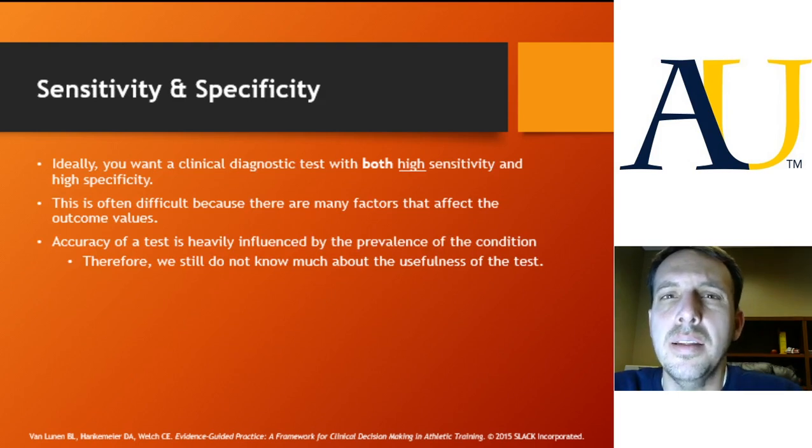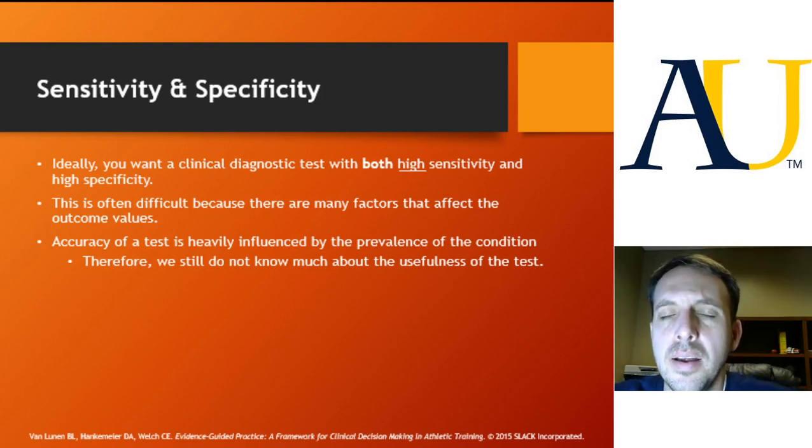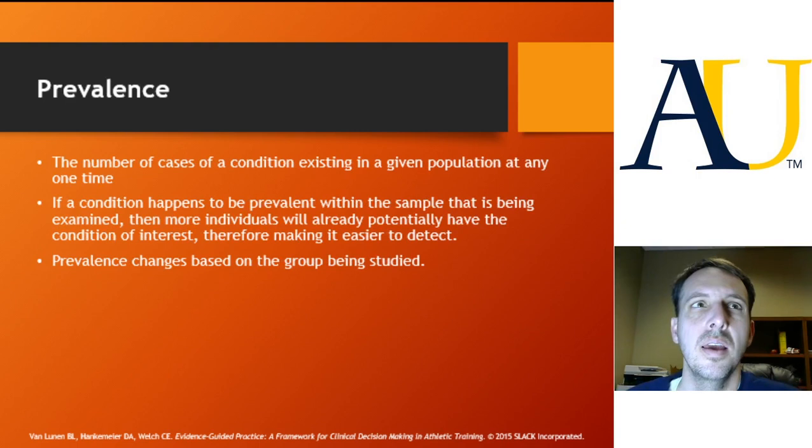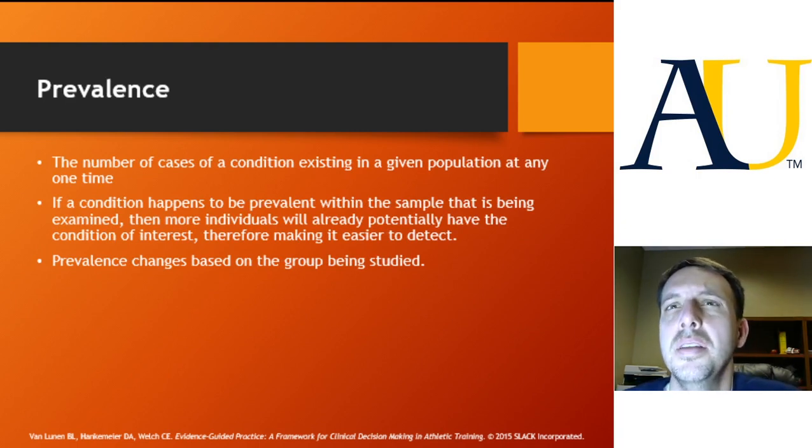And so ideally we would like to have high sensitivity and specificity, but those measures are very much related to this idea of prevalence. And how prevalence, as we'll see, is going to be the number of conditions within a population at a given period of time.